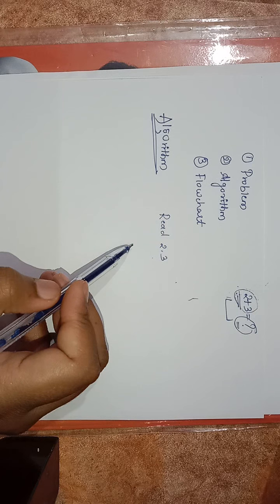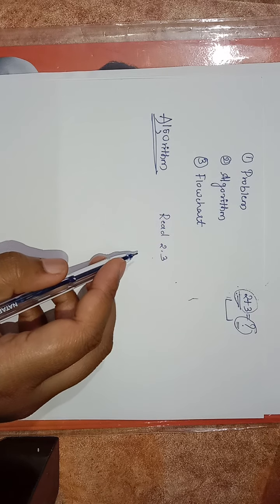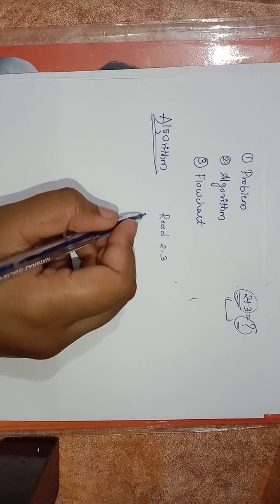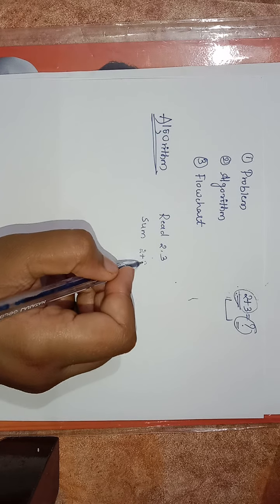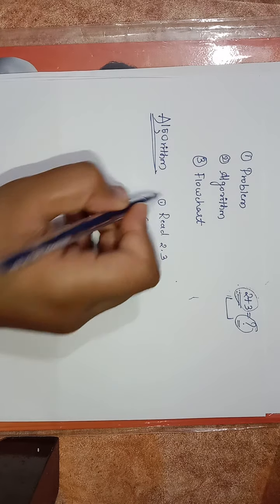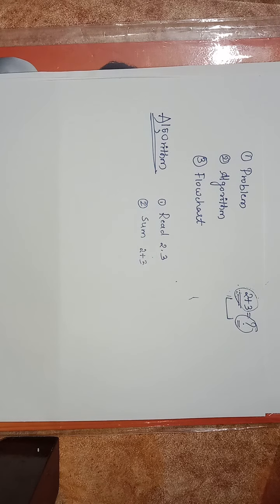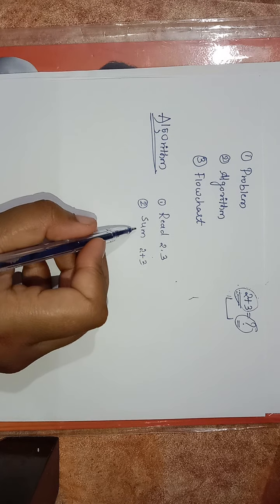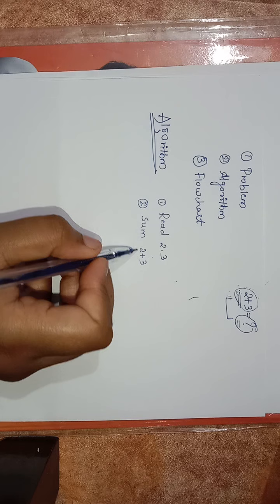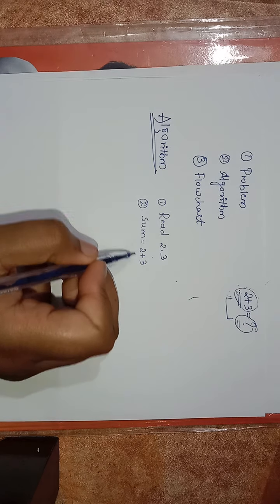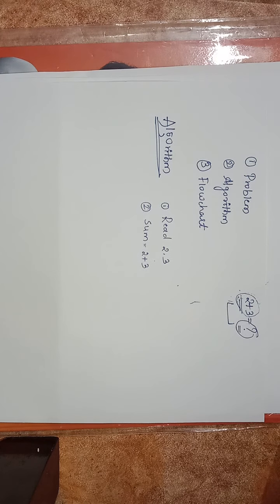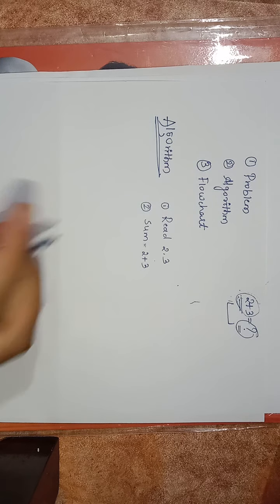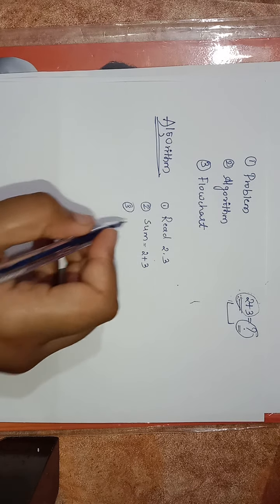Then what will you do? The second thing is sum. You are adding 2 plus 3. This is the first step, this is the second step. You will tell the computer to add: sum equal to 2 plus 3 is the second sentence. Then what do you want now?